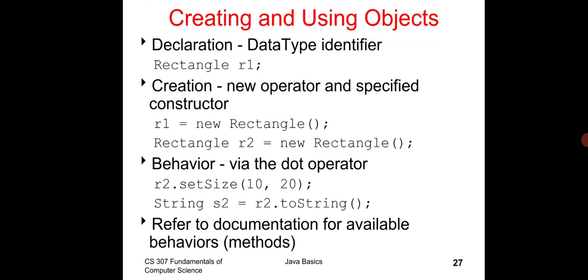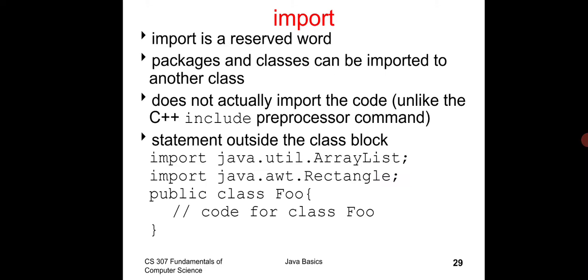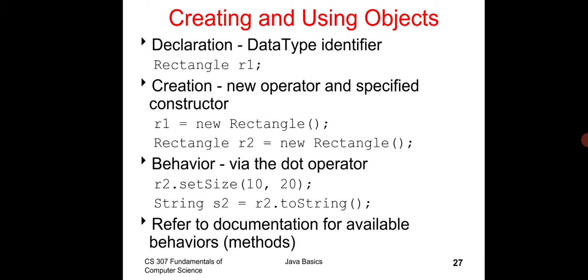This is the example for creating objects. I have a class Rectangle, and r1. Another way of creating an object is r1 equal to new Rectangle. New is the keyword. While creating objects we normally use new. New is the keyword that allocates memory for object r1.